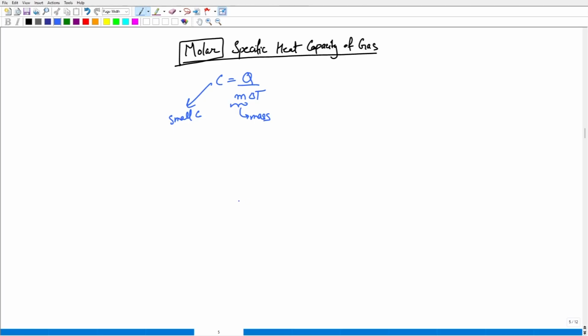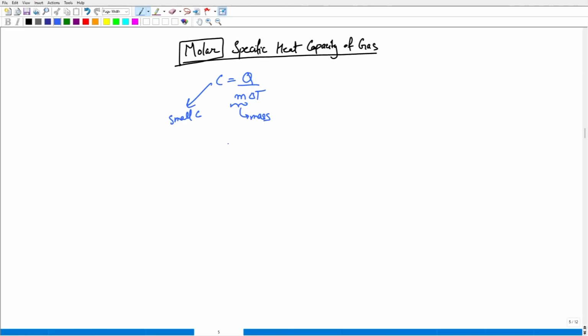So when I am saying molar specific heat capacity, I have to define a specific heat capacity in terms of moles. Instead of mass, it is for the moles. So how is it defined?